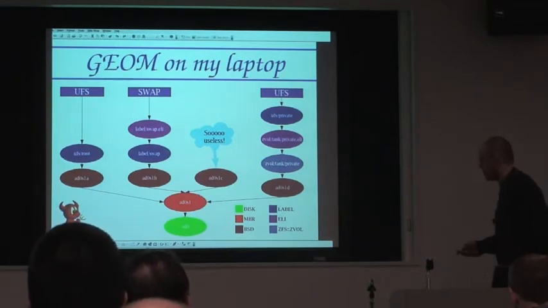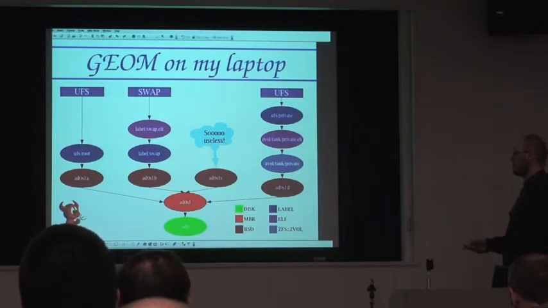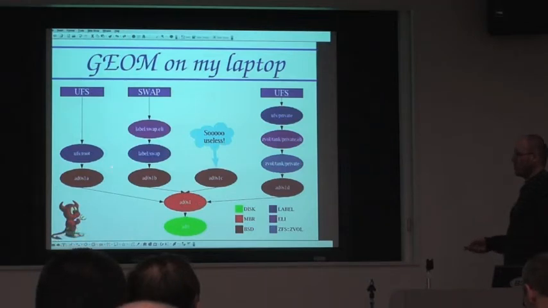Okay, you can see that various GEOM classes have different colors, and I will start from the bottom. We have ad0, which is basically the disk in my laptop. I have one slice, ad0s1. Those are, of course, GEOM providers. I have one slice. I have 4 partitions. I didn't ask for that one, but those 3 are mine.